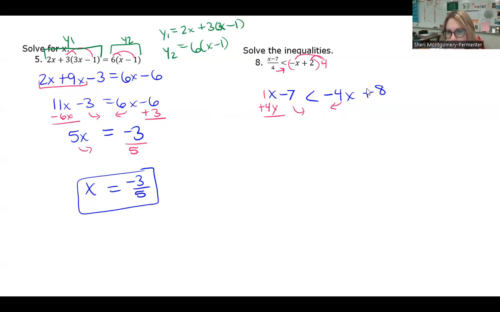So I can add 7. 1 and 4 makes 5x. 8 and 7 is 15. Ooh, this can be beautiful. For this one, our last step, if we're multiplying by 5, we just need to divide by 5. So we get x is less than 15 divided by 5.